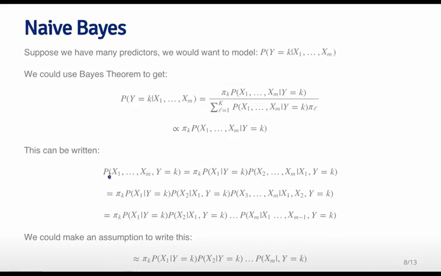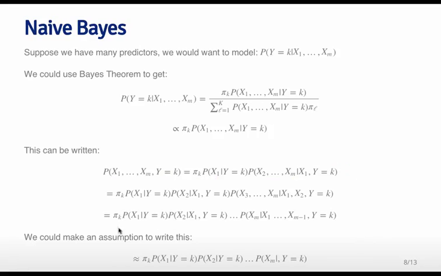We can say the probability of the features and the class variable K is equal to this prior probability times the probability of x1 given you're in class K, times the probability of all the other variables except for x1, conditional on x1 and y=k. So this is basically just a statement about probability that you might remember from your inference class in the data science specialization.